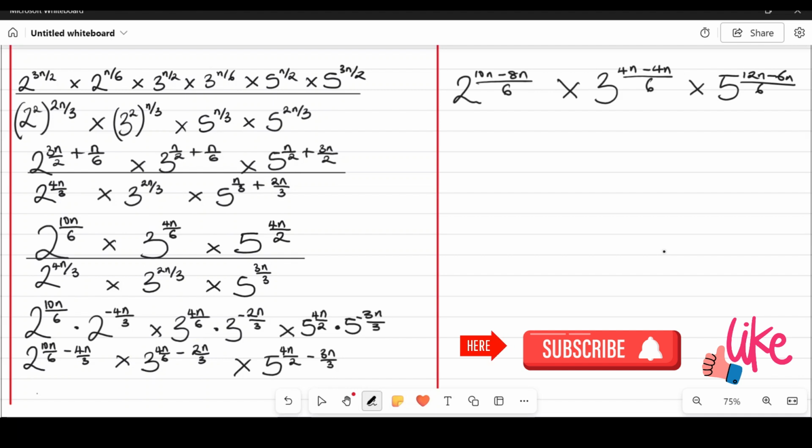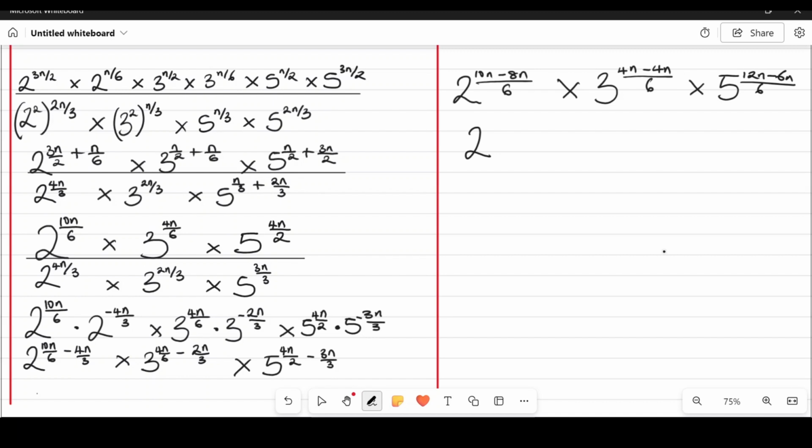So if we simplify further, we arrive at 2 raised to the power of 2n divided by 6, times 3 raised to the power of 0 divided by 6, times 5 raised to the power of 6n divided by 6.